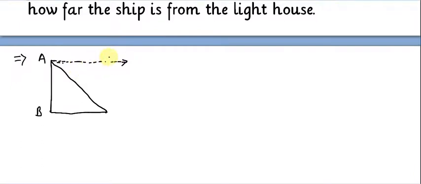This is the horizontal line, AM is the horizontal line. So as per given, the observer looks at the ship C with angle of depression 30 degree. Angle B is 90 degree. Height of lighthouse is 100 meter.